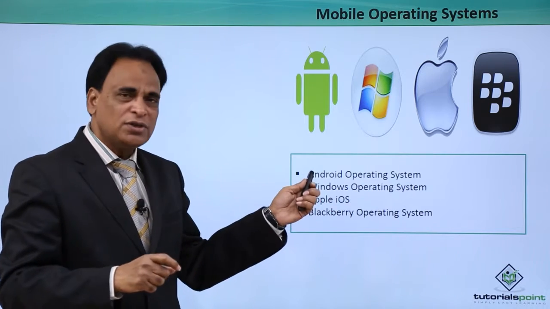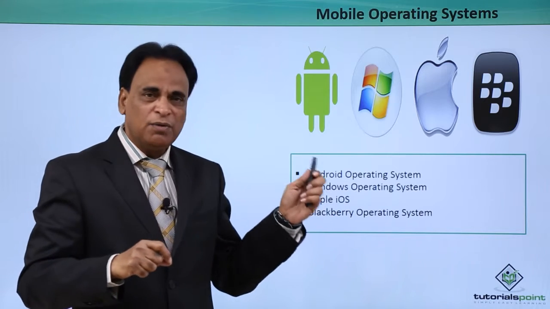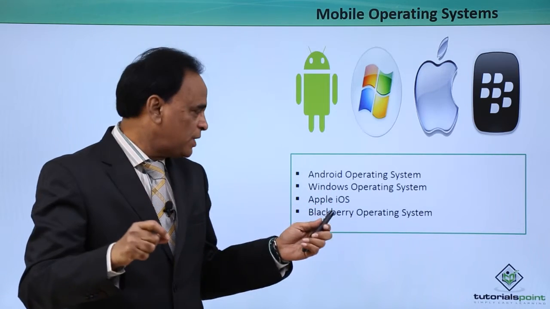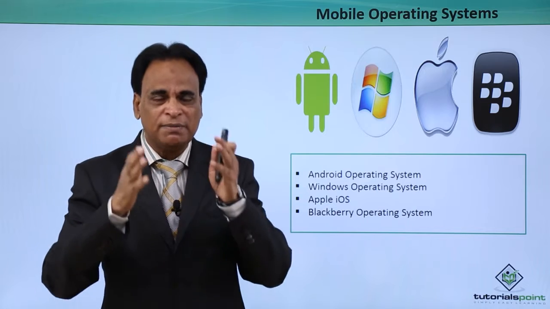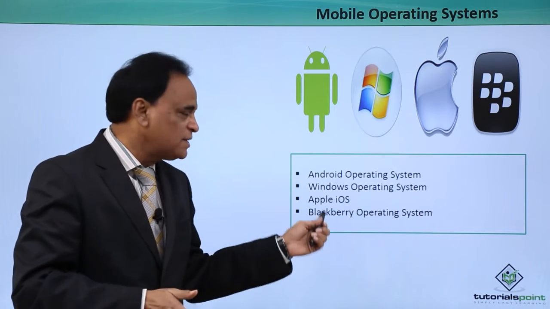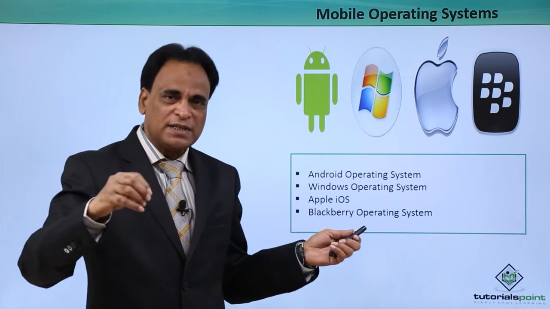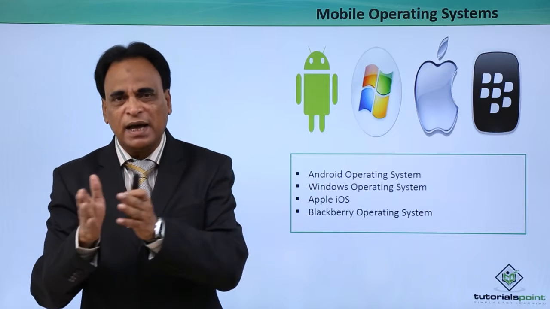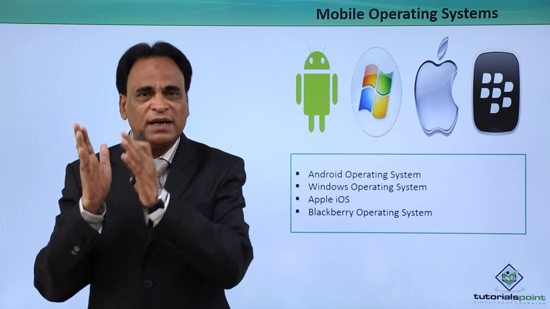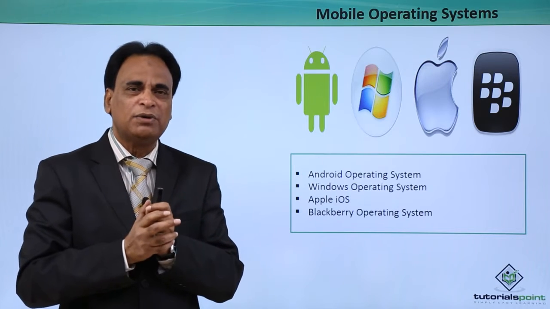Whereas the Windows operating system from Microsoft, Apple iOS, which is the iPhone operating system, and the BlackBerry operating system are the proprietary operating systems of these three companies: Microsoft, Apple, and BlackBerry. They are called proprietary software. They run only on their own particular devices.